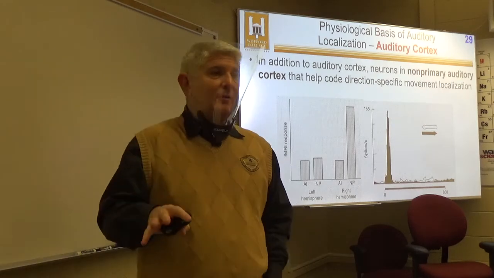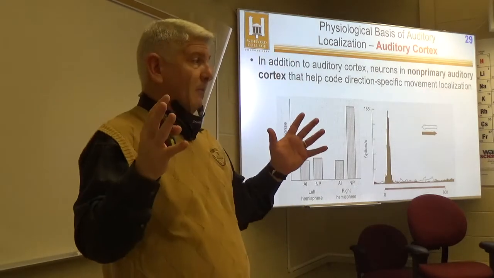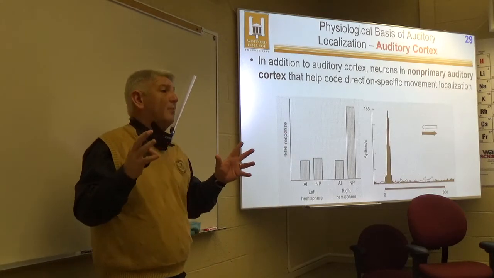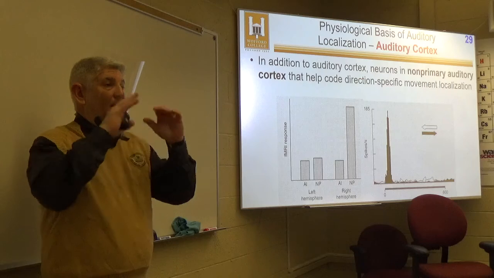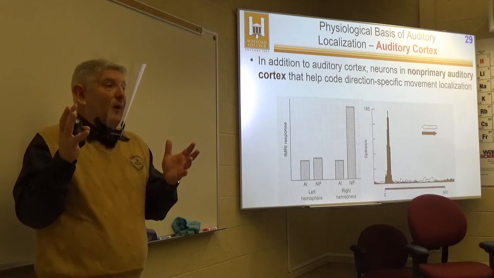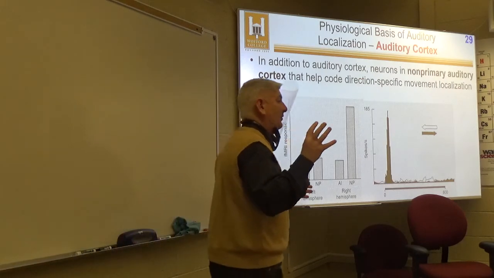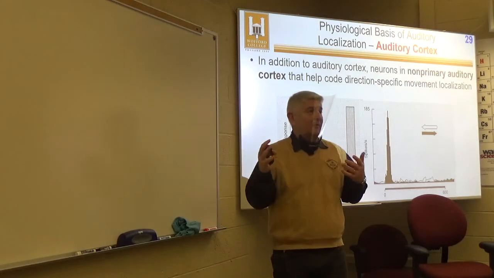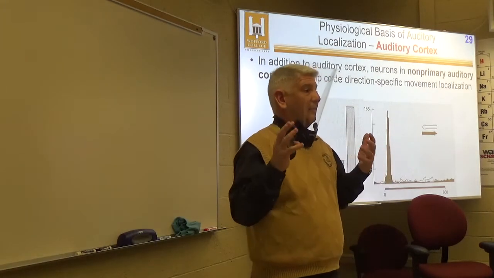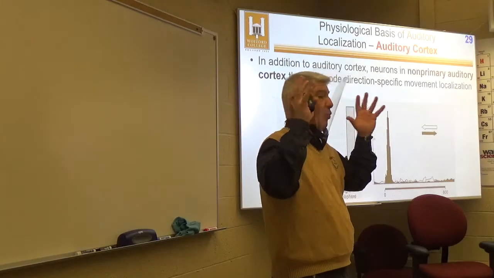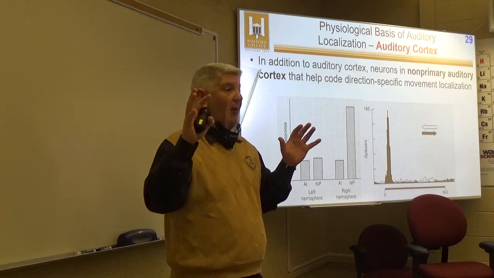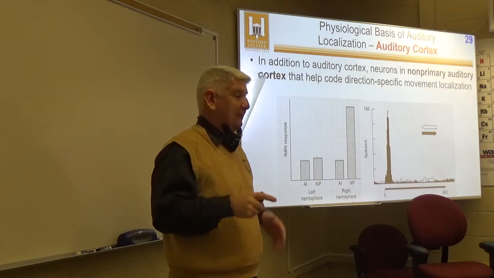Primary auditory cortex is tonotopically organized, very important in detecting frequencies, but then we dedicate this processing power, particularly in the right hemisphere, in the secondary areas of auditory processing, to helping us identify where in space sounds are and how they're moving, how they're changing.